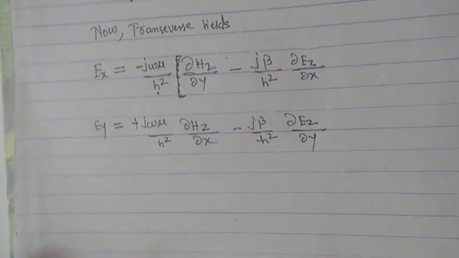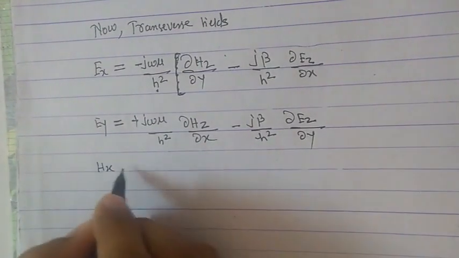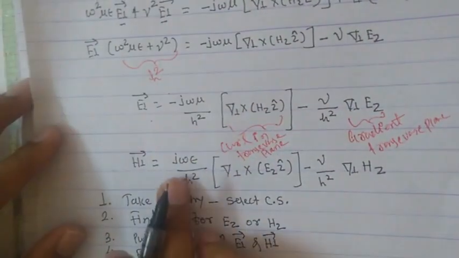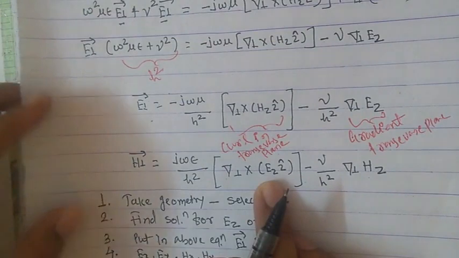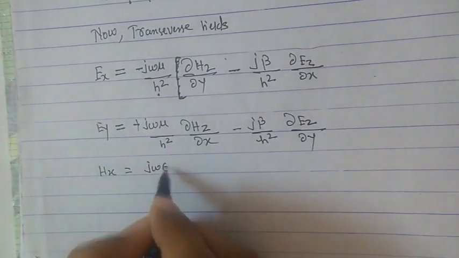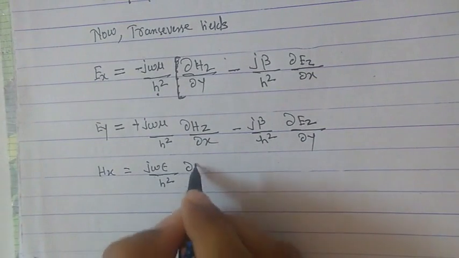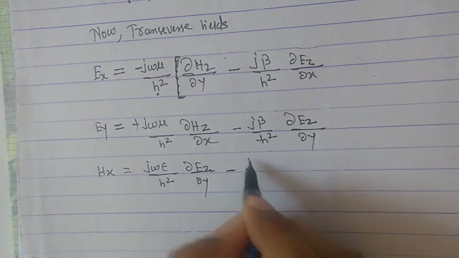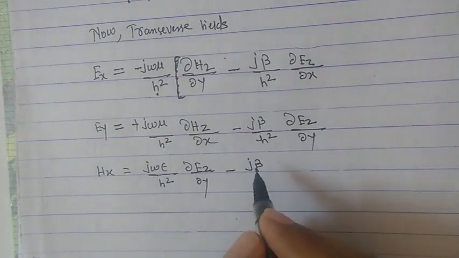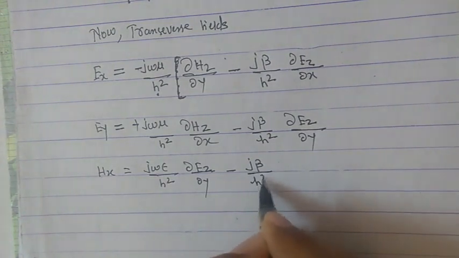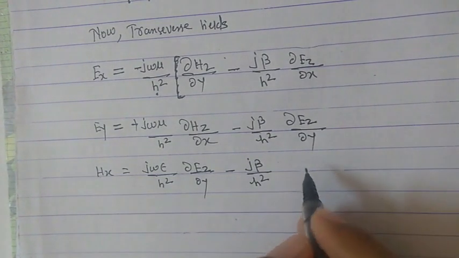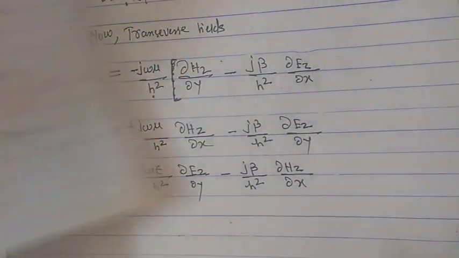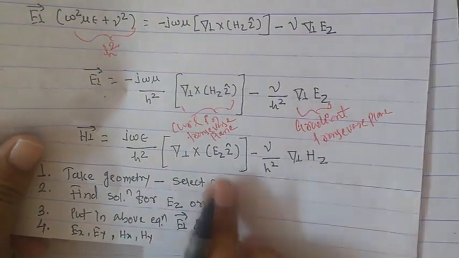By using the same thing, you can write for Hx and Hy. So Hx will be equal to j omega epsilon upon h square, and psi will be Ez, so del Ez by del y, minus j beta upon h square del Hz by del x, because in this case psi will be Hz and here psi will be Ez.